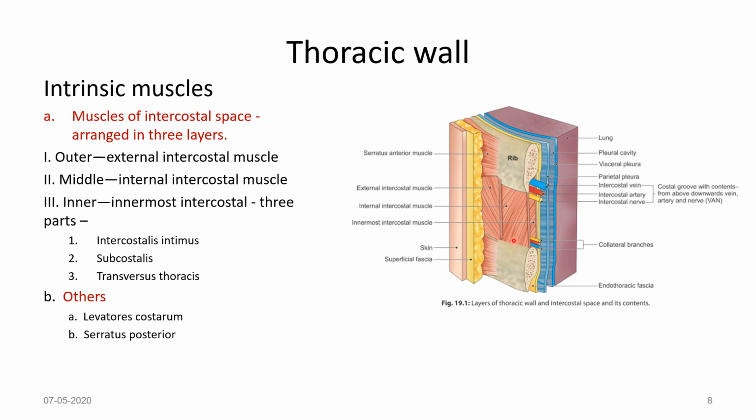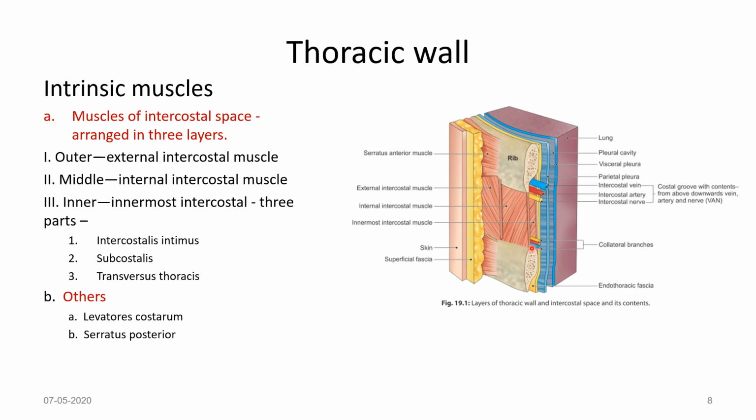Then the middle one is the internal intercostal muscle. Observe the direction of the fibers. They are running backwards, downwards and laterally, so opposite to the direction of the external intercostal muscle.